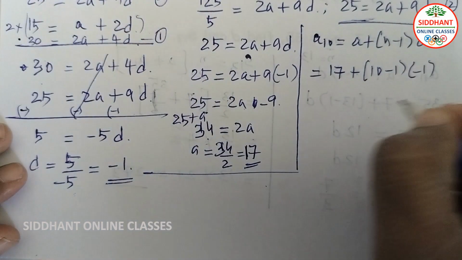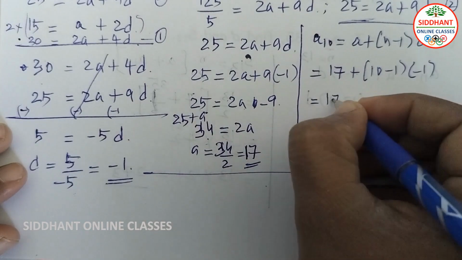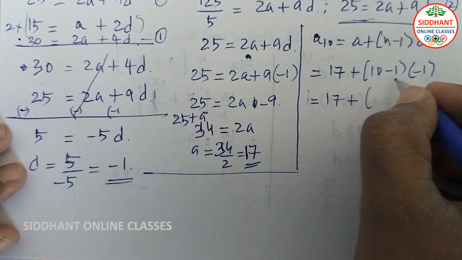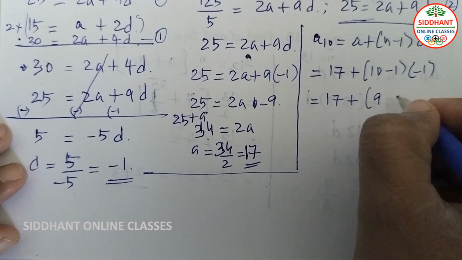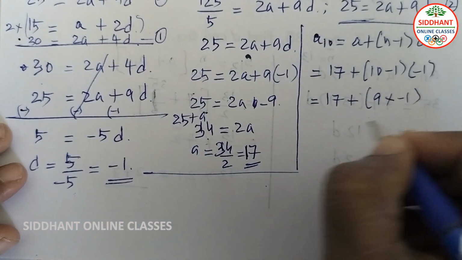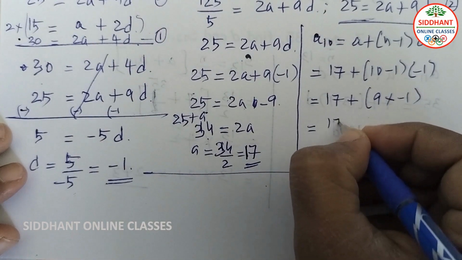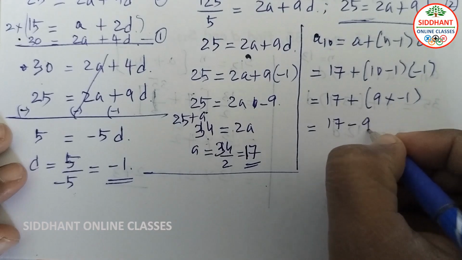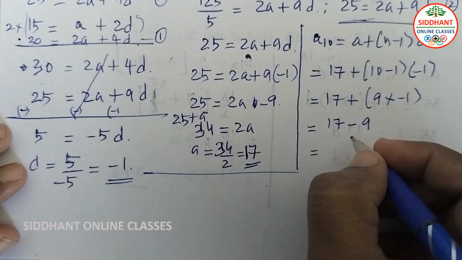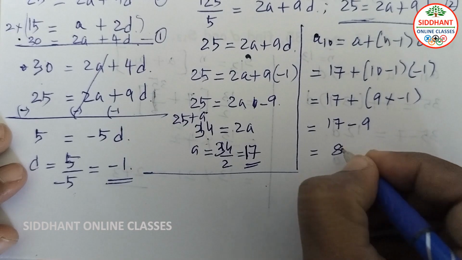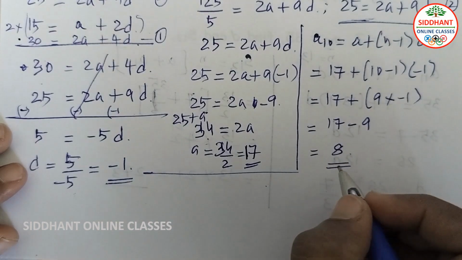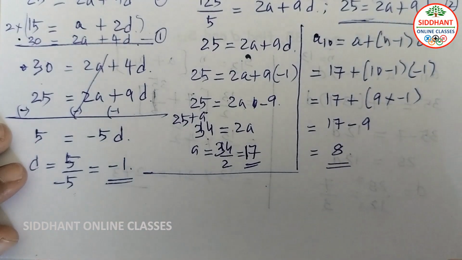That equals 17 plus 9 into minus 1, so that is 17 minus 9, that equals 8 here. So a10 is 8.